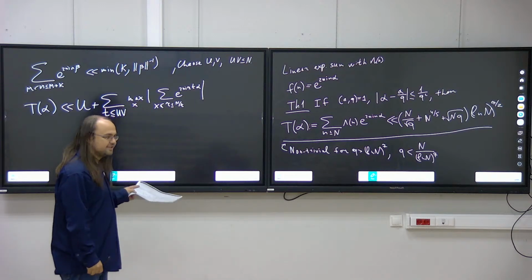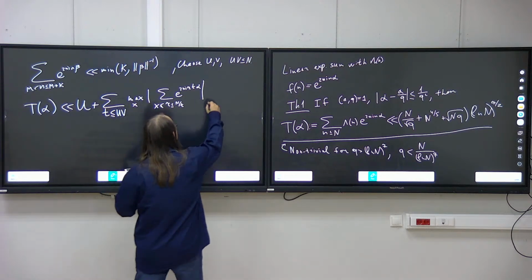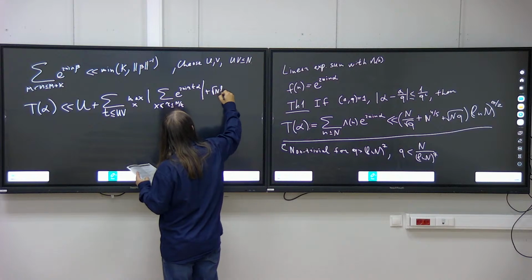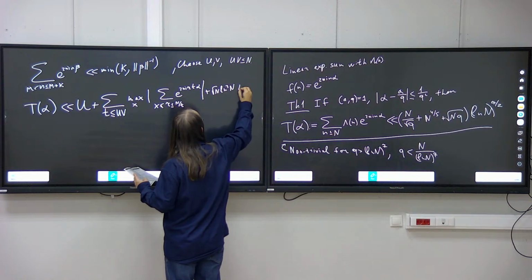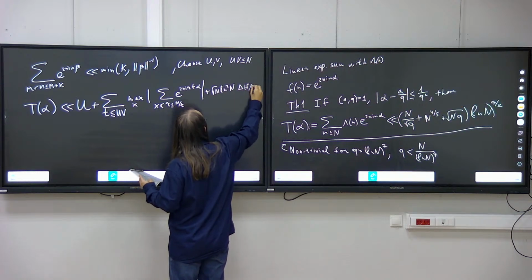So this is the linear sum you get. And then plus square root of N log cube of N delta F U V, right?